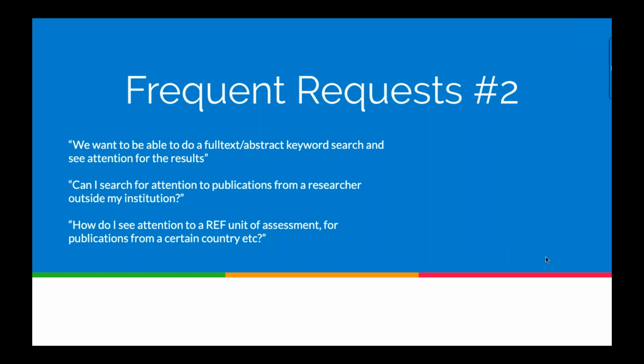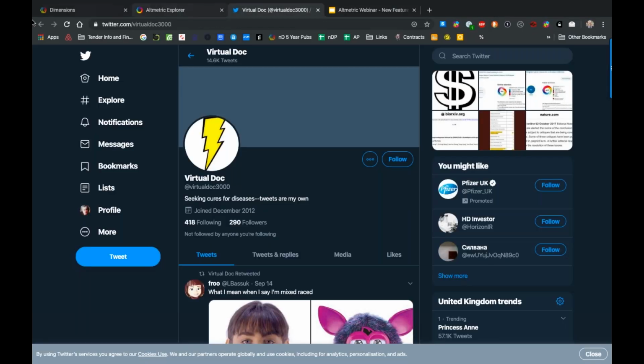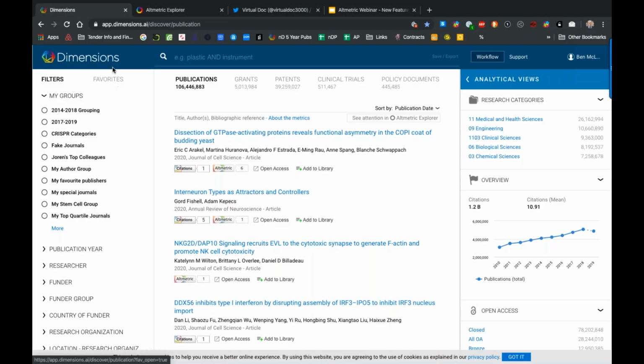And happily, we ended up building a native integration with Dimensions instead. So the Dimensions service does contain a lot of full text, and significant amounts of abstracts and so forth.